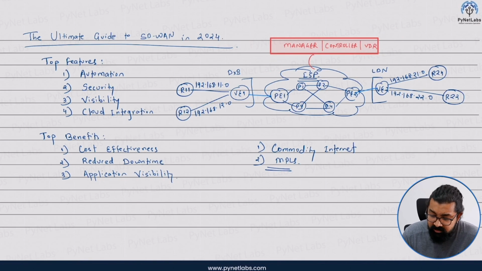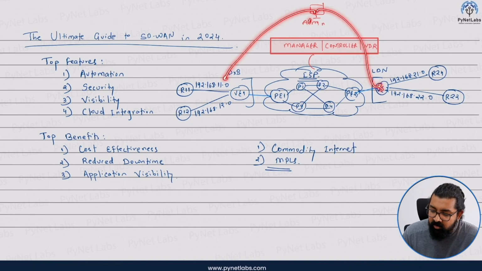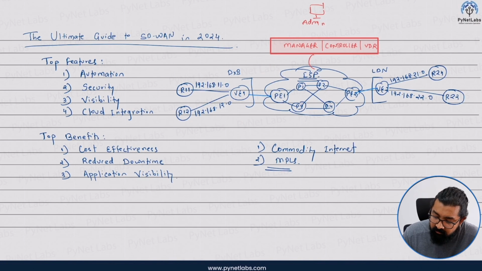So you sitting over here, right, as an admin, you are not going to directly communicate with your WAN infrastructure at all. You are only going to communicate with your controllers, and the controllers are going to communicate with the infrastructure that you have, right?